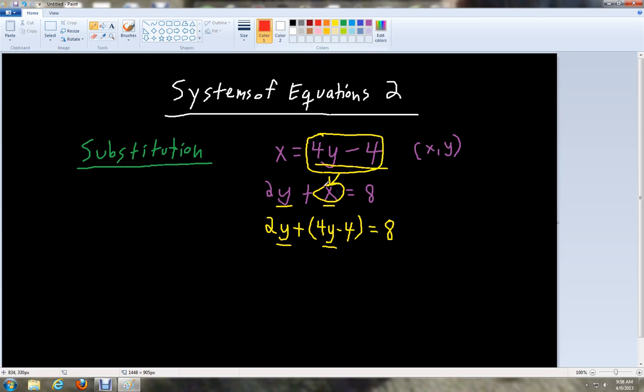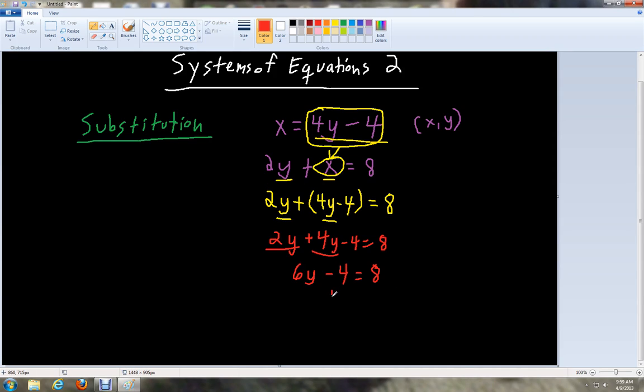What we can do now is remove the parentheses, so we have 2y plus 4y minus 4 equals 8. Then we can combine like terms. We know 2y plus 4y is 6y, minus 4, equals 8.